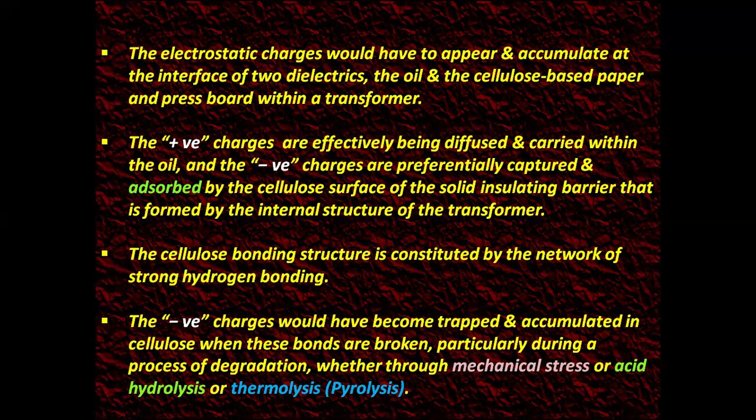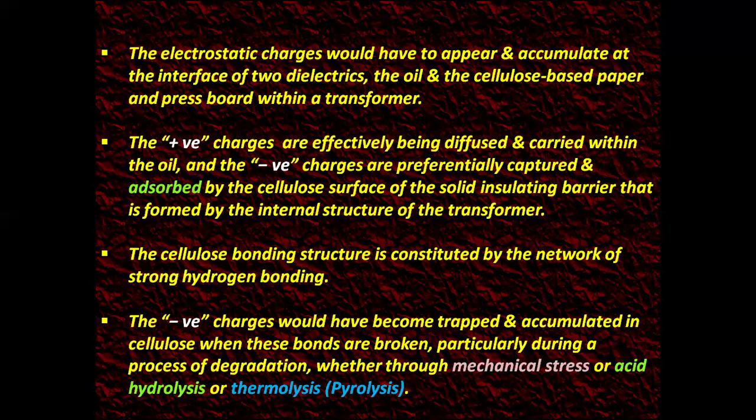The positive charges are effectively diffused and carried within the oil, and the negative charges are preferentially captured and absorbed by the cellulose surface of the solid insulating barrier formed by the internal structure of the transformer.